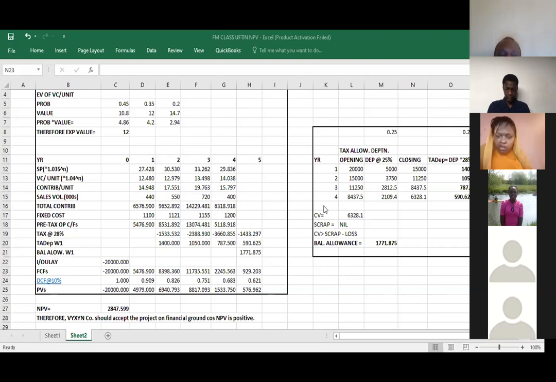Okay, so what do we do next? Sensitivity analysis.